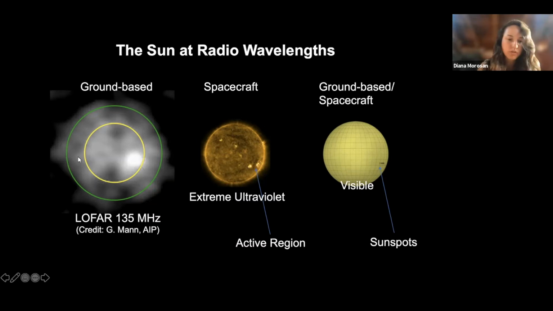Now to radio. So this is a LOFAR image at radio wavelengths around 135 megahertz. And compared to this, and even a visible image, the radio image does not look like much. It's basically a fuzzy blob in the sky, and most of the emission mechanism that contributes to what we see is Bremsstrahlung emission. And Owen will probably talk about this in a little bit.